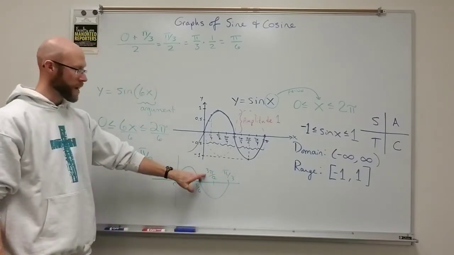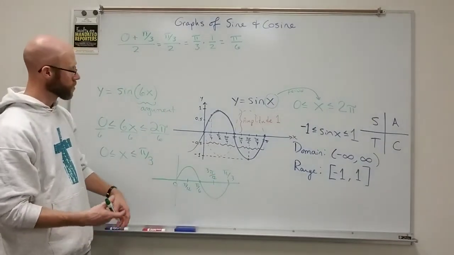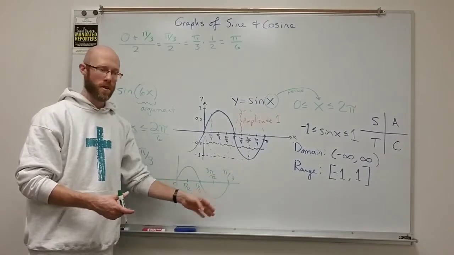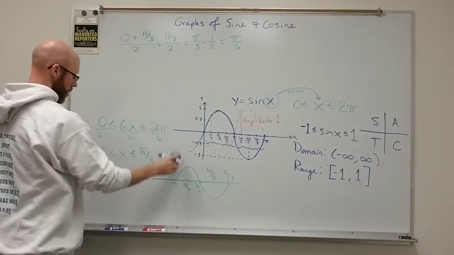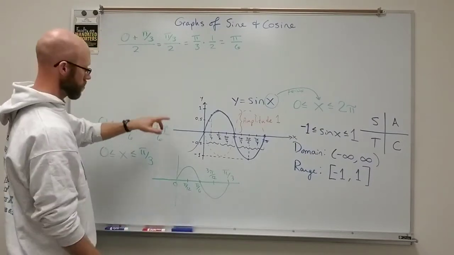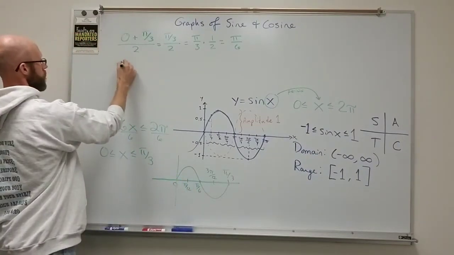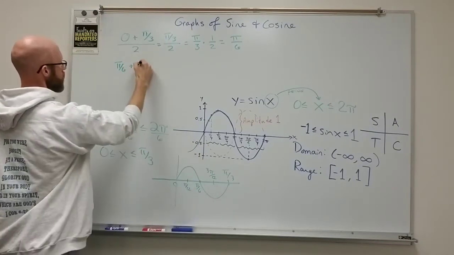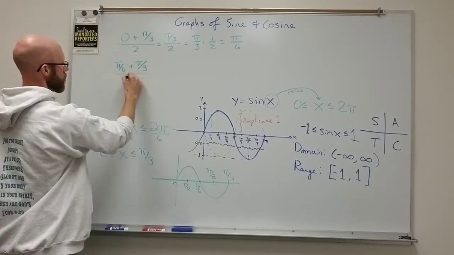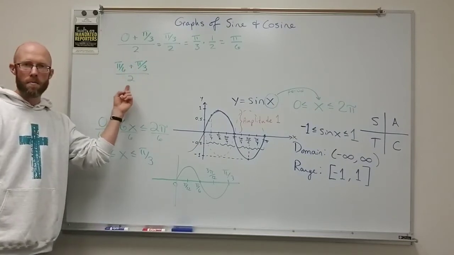And again, you could find that by averaging, if you couldn't just count by twelfths. You could take the average of pi over 6 and pi over 3, which is a little bit longer process. Add them together and divide by 2.